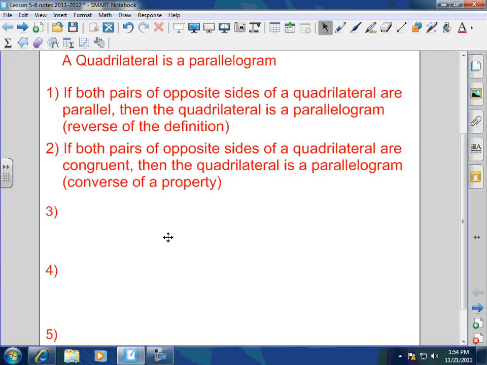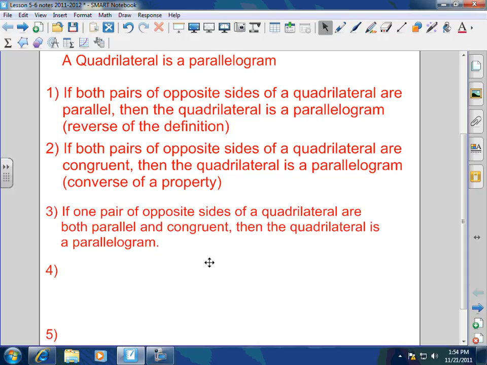Number 3. If one pair of opposite sides of a quadrilateral are both parallel and congruent, then the quadrilateral is a parallelogram.